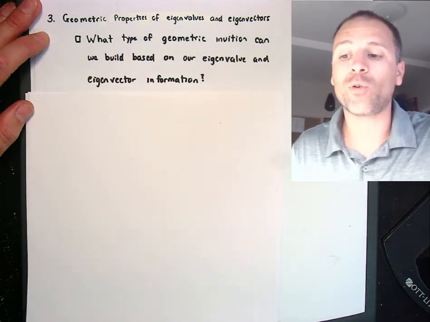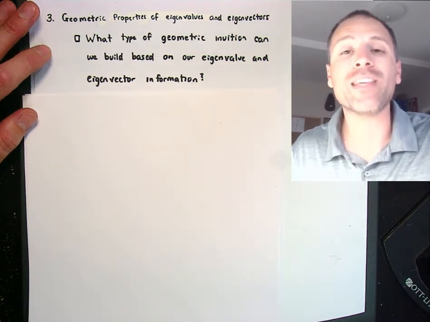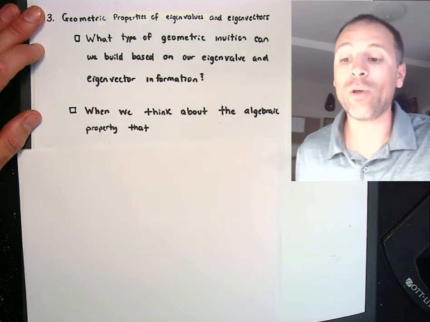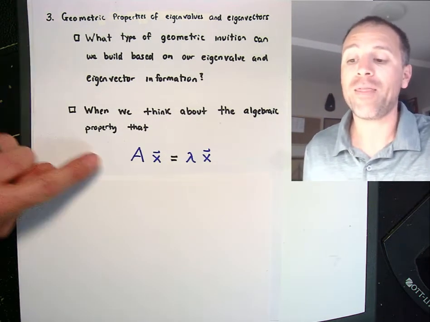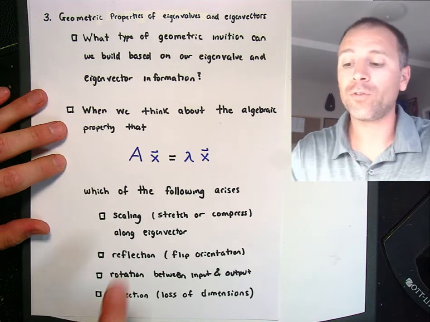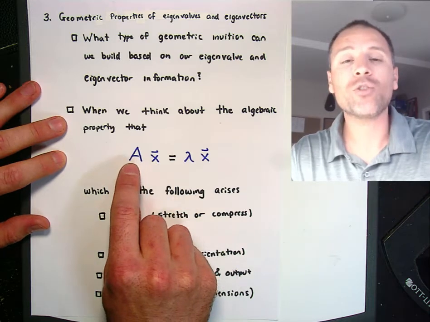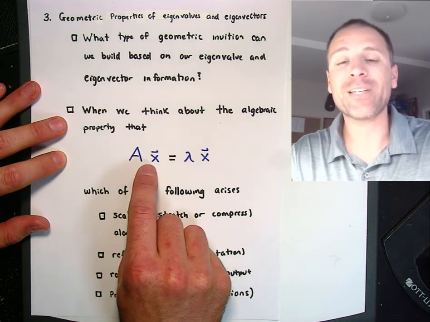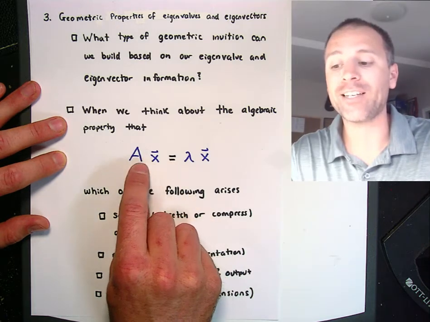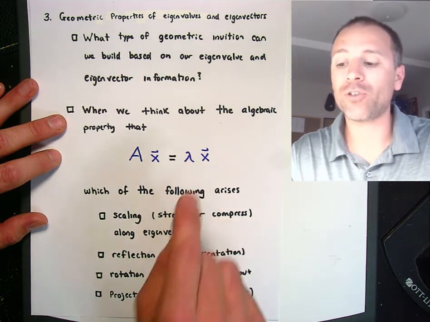Specifically, we ask ourselves the question, what type of geometric intuition can we build based on the eigenvalue and eigenvector information that we collected? When we think about that property, that Ax equals lambda x, we might ask ourselves, for different types of input vectors x, what does the matrix product A times x represent? And if indeed we find eigenvectors, A times x equals lambda x, how can we interpret that geometrically?